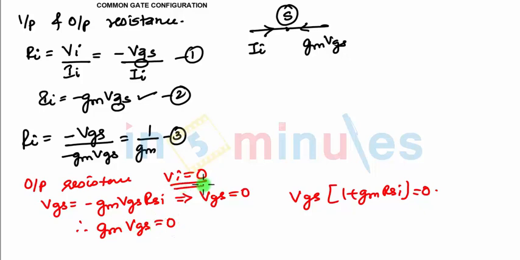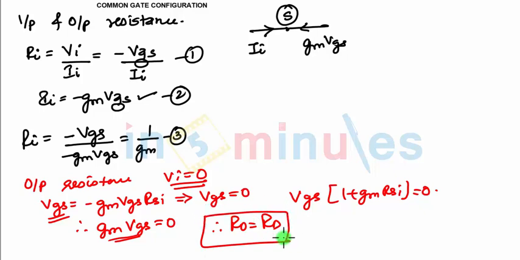Since Vi is 0, your VGS is 0, and VGS is 0 implies gm into VGS is 0. Therefore you can say output resistance is independent of gm. It only depends on the drain resistance RD. This is how we are finding the output resistance for the common gate configuration.